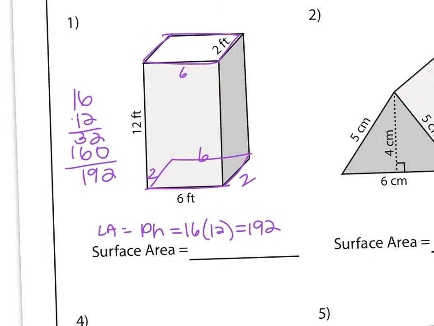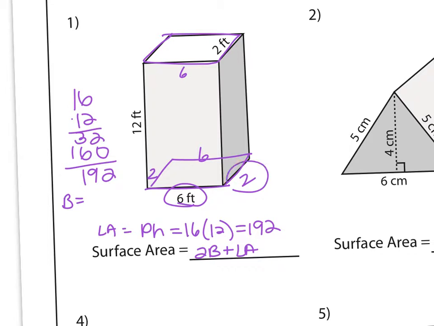With me so far? Yeah? Okay, so then I want to move on to surface area. So this is 2B plus the lateral area, because we already found it. I could have gone straight to Ph. B is the base area. What kind of shape is the base? A rectangle. How do I find the area of a rectangle? Length times width, or base times height, whatever.